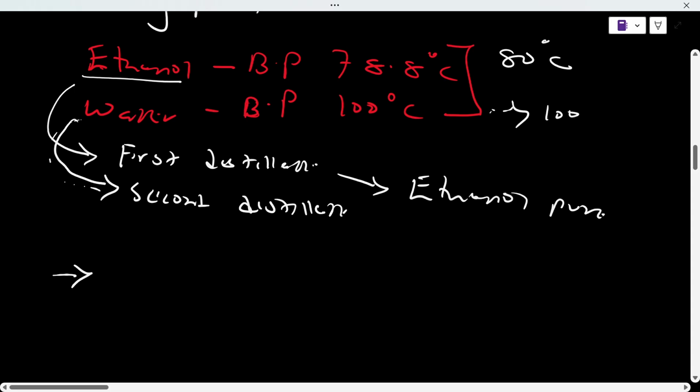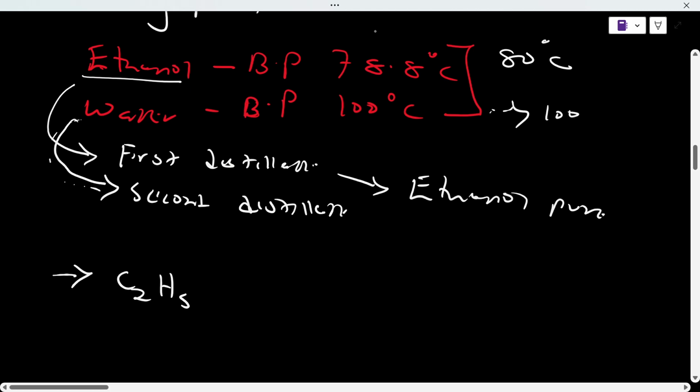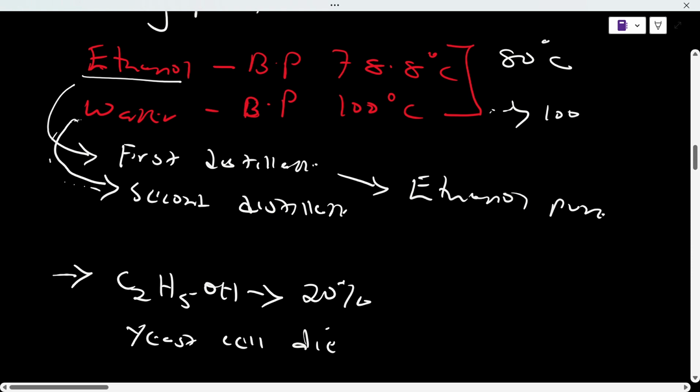Most of the time, as the concentration of ethanol increases in the system to more than 20%, yeast cells always die.